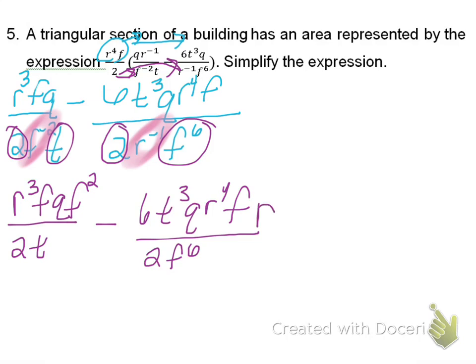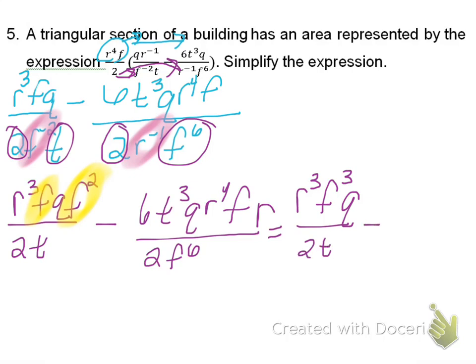Okay, now I can go back and see if there's anything to combine. And in the first fraction, I have an f and an f squared. So I'm going to rewrite that as r cubed f cubed, because f squared times an f is f cubed, and then q, and on the bottom I have 2t.